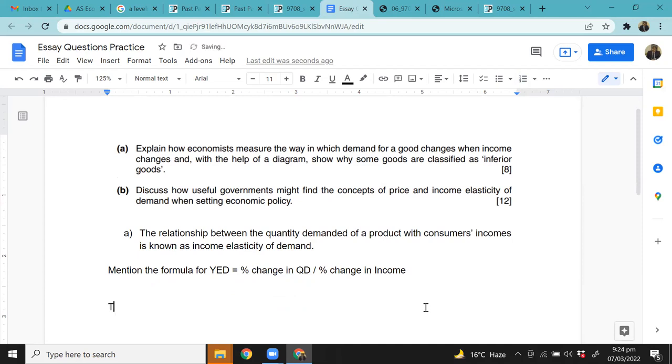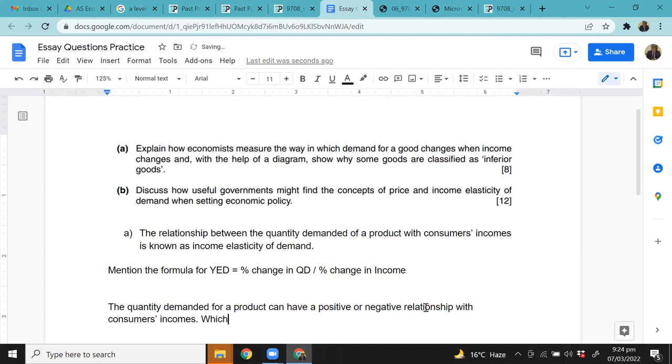Right. The goods can have a positive or a negative relationship with the demand for the good. The quantity demanded for a product can have a positive or negative relationship with consumers' incomes. Is this making sense?